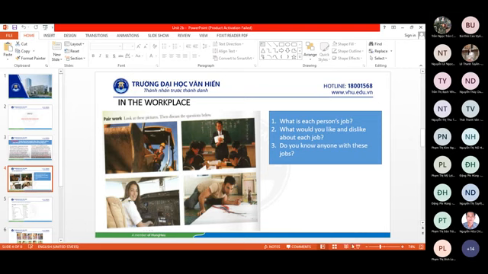This is picture 1, and number 2 is here, number 3 is here, and number 4 here.